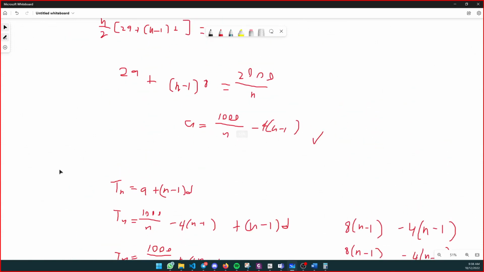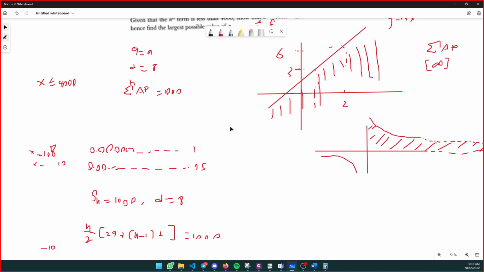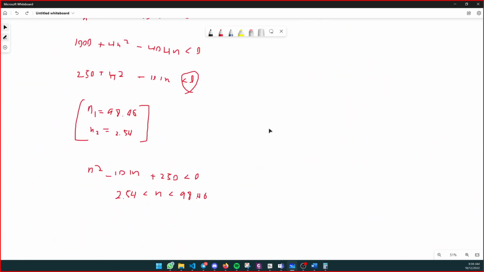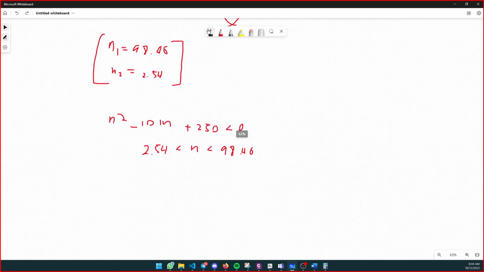That's the question. Largest possible value of n. It should be 98. So I will say that n equals 98. That's the largest possible answer we can have. Because we cannot go to 99, the value doesn't exist in 99. So it has to be 98.